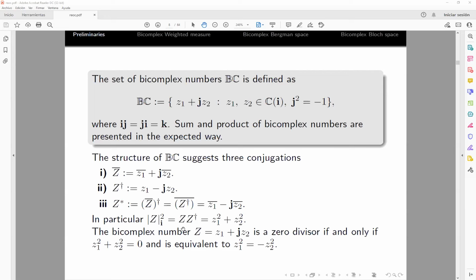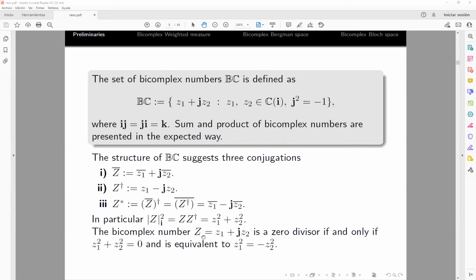In particular, if we multiply z by z dagger, its conjugate, we get z1 squared plus z2 squared. This is an algebra that has zero divisors.